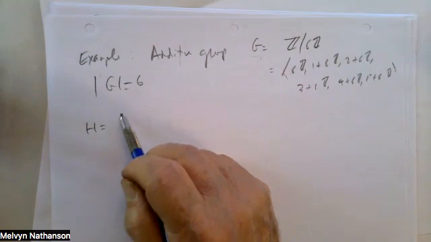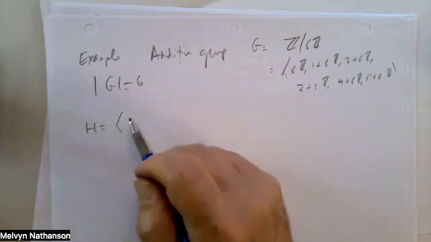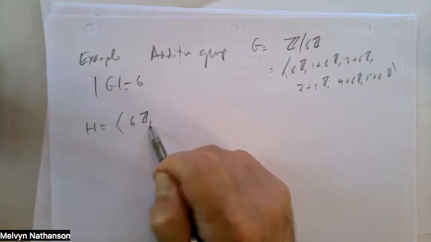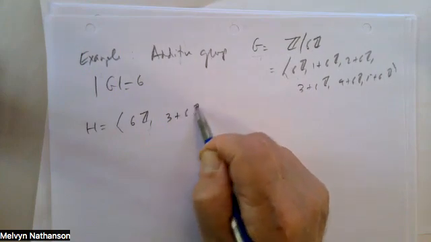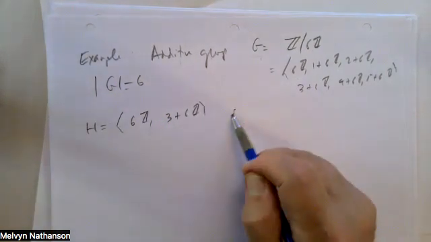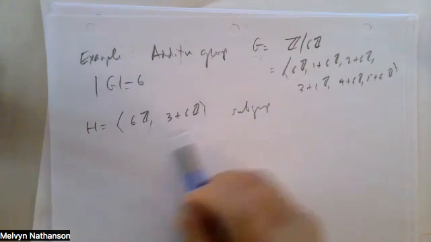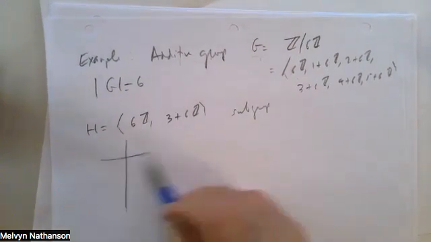Suppose I let H consist of 2 of these congruence classes, 6Z and 3 plus 6Z. This is a subgroup because it's closed under addition.